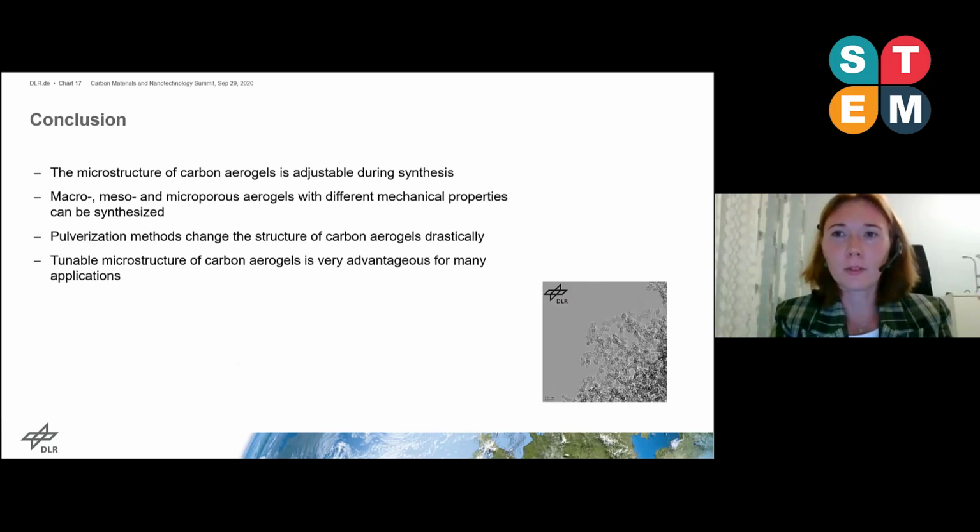And so I come to the conclusion. The carbon aerogels can be used for very different applications, and in most of the applications, they need to be pulverized. We just have to look at the structure after pulverization, and the pulverization methods can change the structure, but the changes are also dependent on the mechanical properties of carbon aerogels.